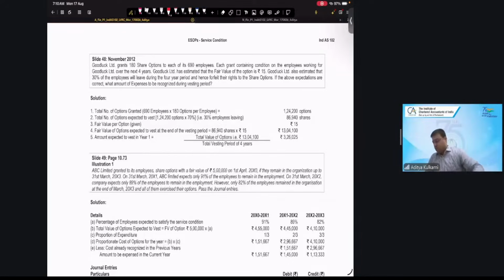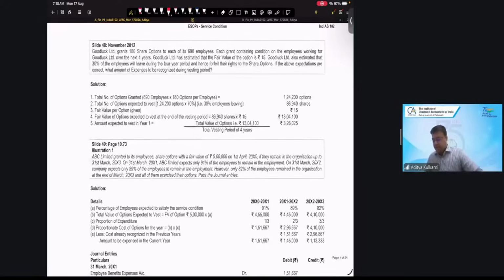So with that, let us try to understand some of these concepts using questions. Good Luck Limited grants 180 share options to each of its 690 employees. Each grant contains a condition on the employees working for Good Luck Limited over the next 4 years.